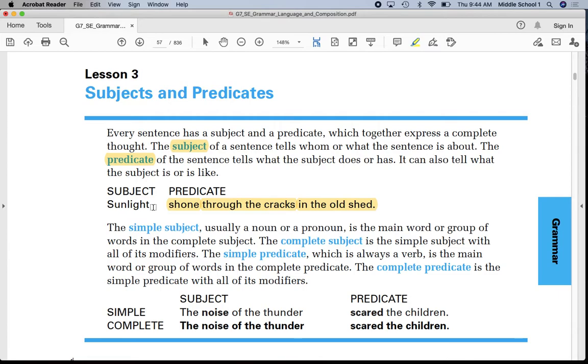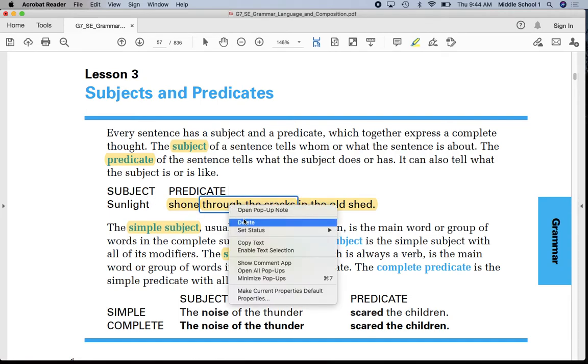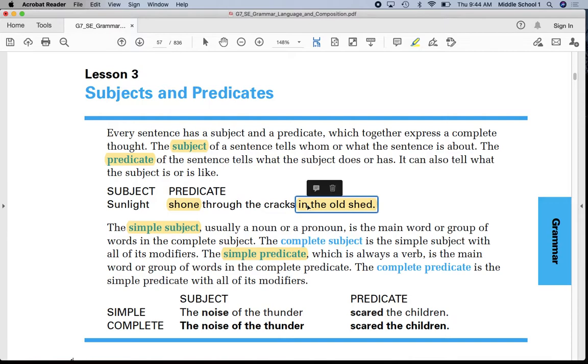For each of my sentences, I'm going to be identifying several things. Number 1, what is my simple subject? Number 2, what is my simple predicate? Simple subject, sunlight. Simple predicate, shone. Thirdly, complete subject.